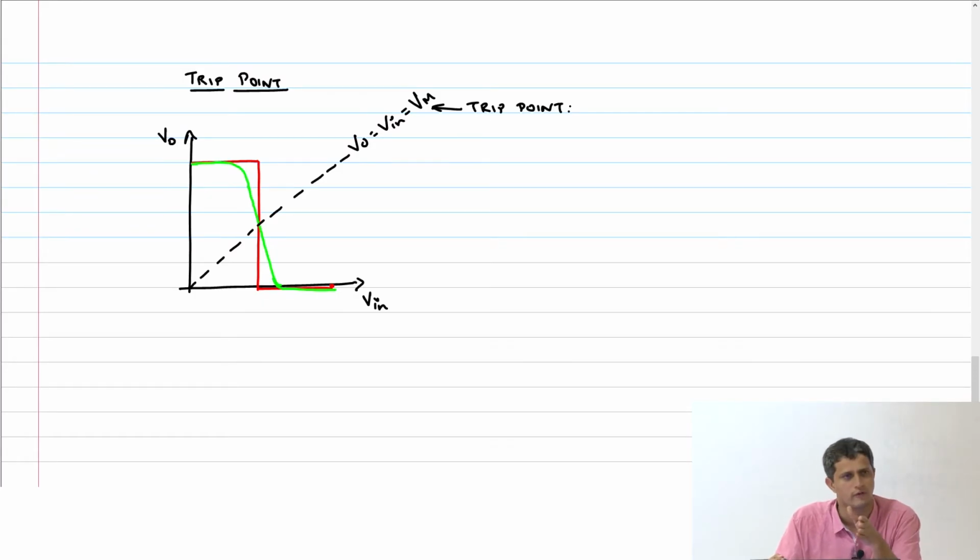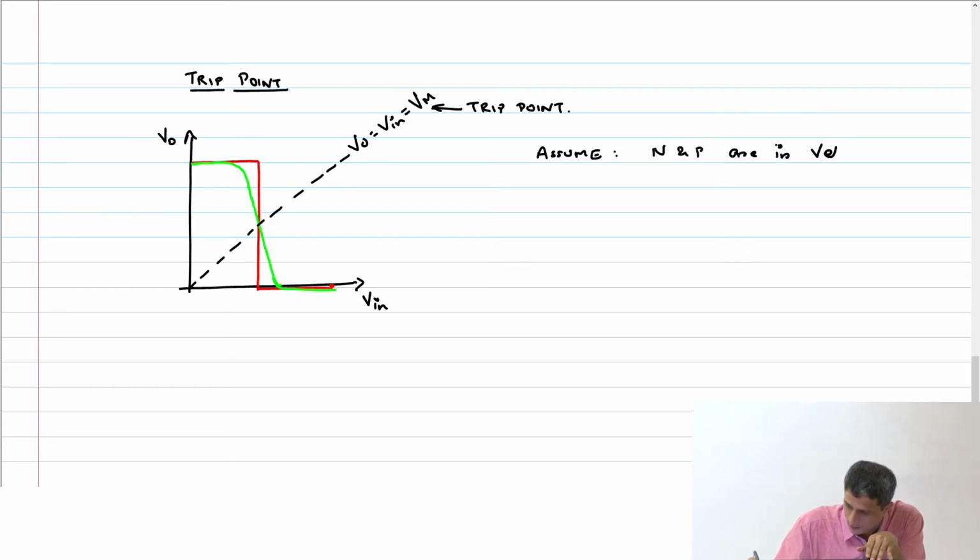You can also do a derivation for the saturation region, right? So assume N and P are in velocity saturation region.